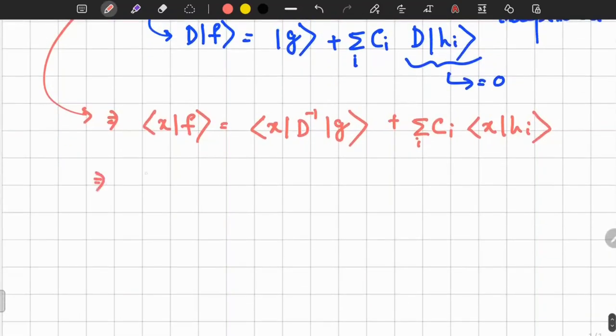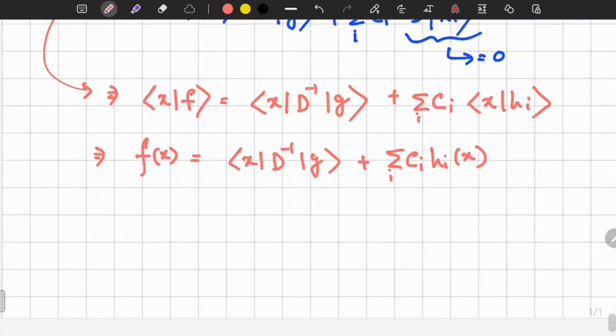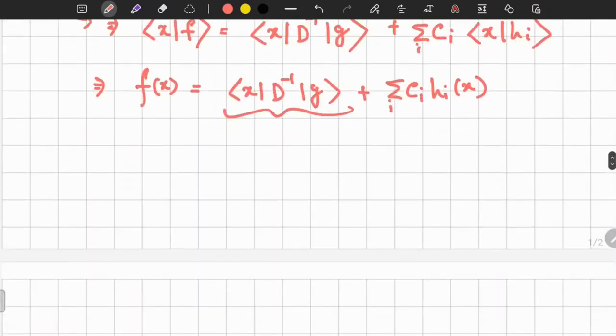We can write it in function space again: f(x) is equal to this, and this will be the sum of c_i h_i(x). Now for the term ⟨x|D inverse|g⟩, we can introduce the identity operator.